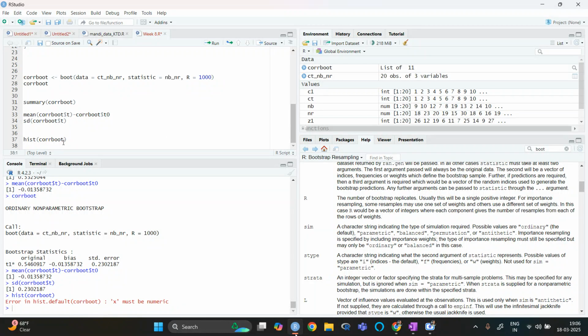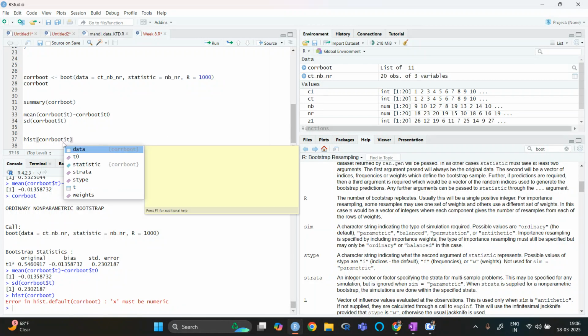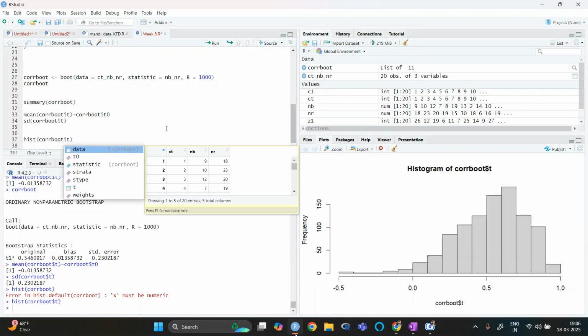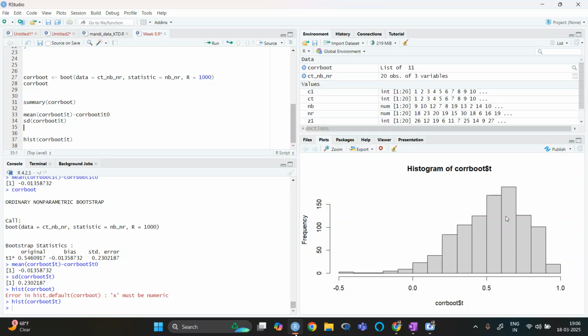You can see that this is the histogram. Minus 0.5 is very low, it is just one number. The histogram is maximum at this place. In the real one, it is 0.546, so it is something here, and it is maximum around here.